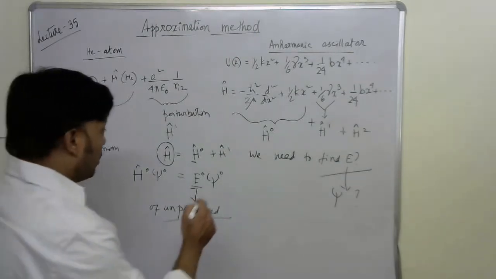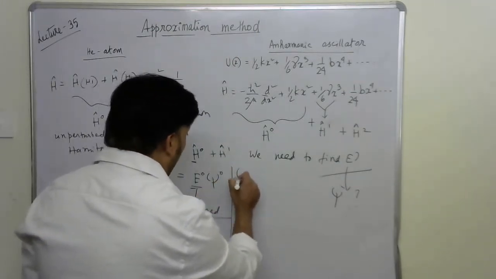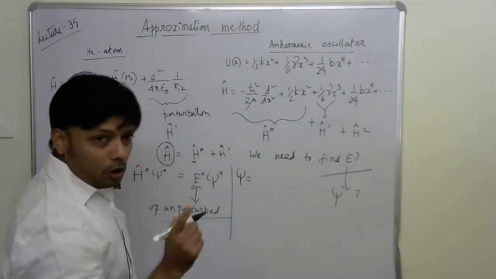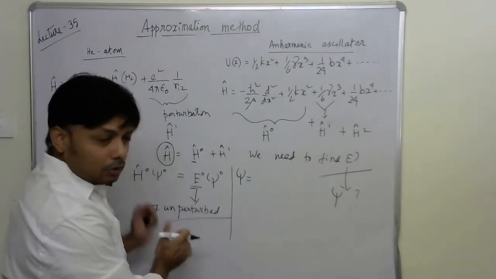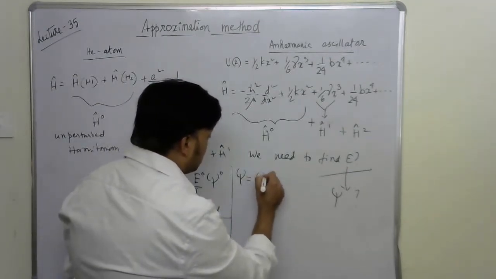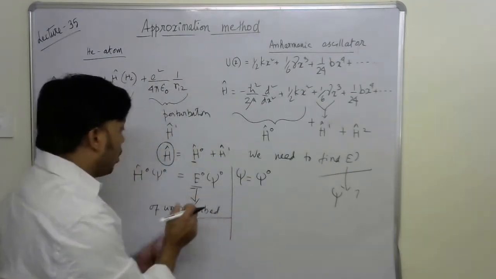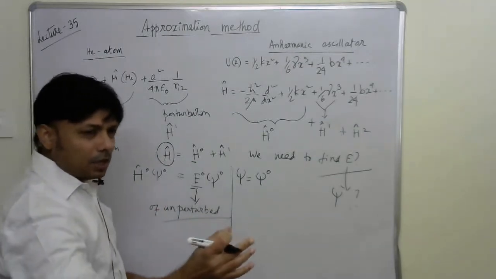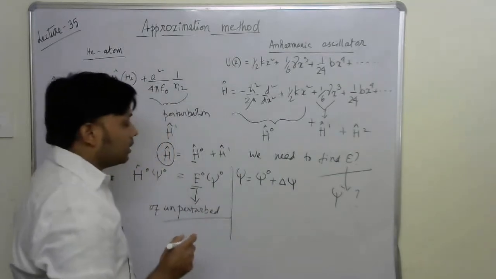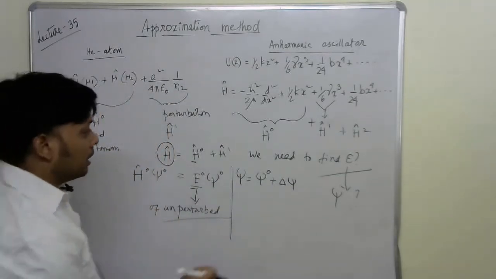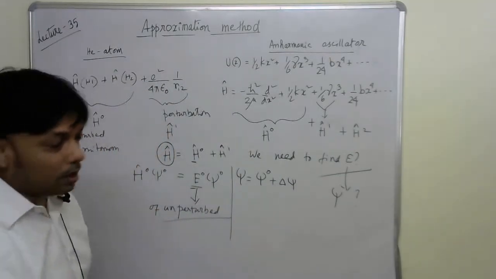So here we can define that the unknown psi that we are going to solve also stems from the same perturbation theory. That means it is the summation of psi naught, the original solution, plus some changes. So we can write that this unknown psi is psi naught plus delta psi. So delta psi is my unknown term.